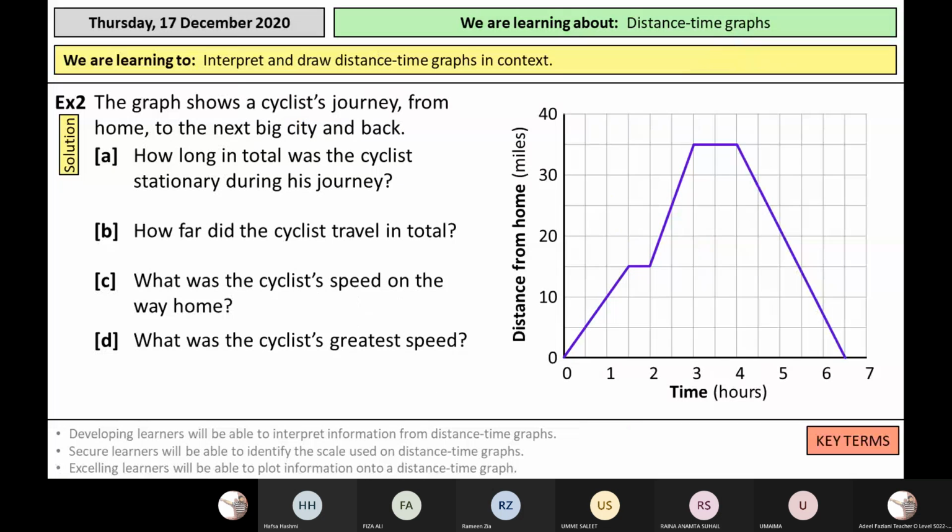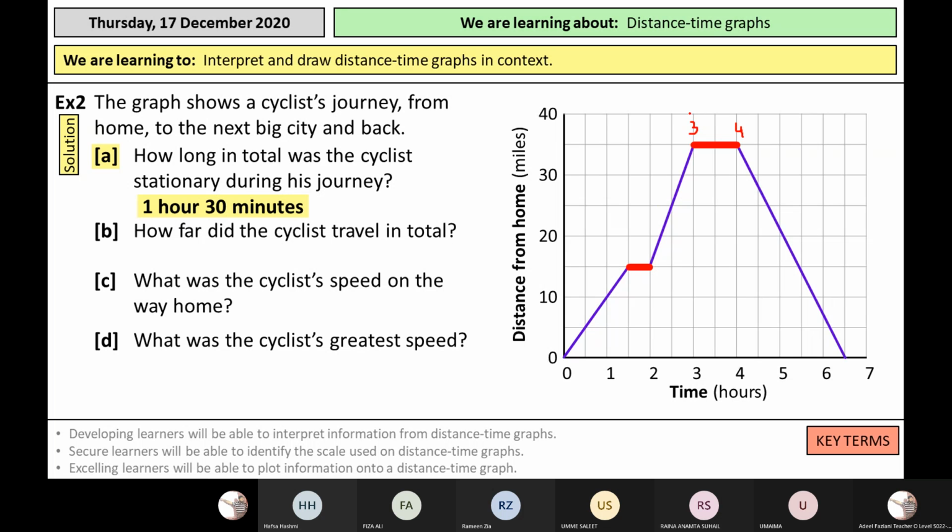Now A part. Your A part is how long in total was the cyclist stationary. So just focusing on stationary is the focusing point during the journey. That is 1 hour 30 minutes. You can find it here from this 3 hours, and this is your 4 hours.